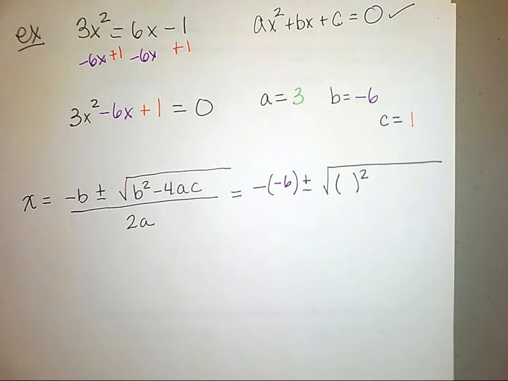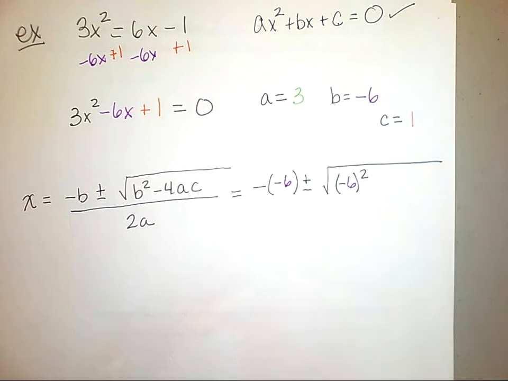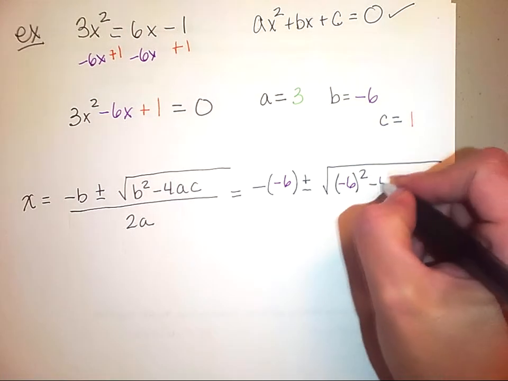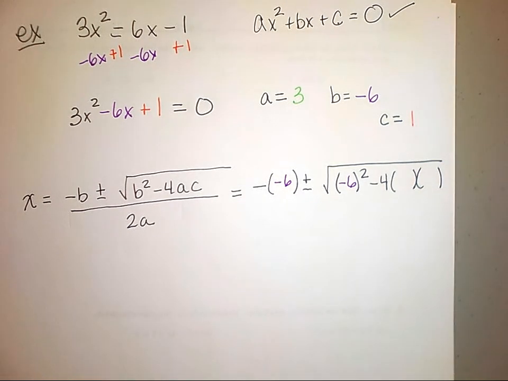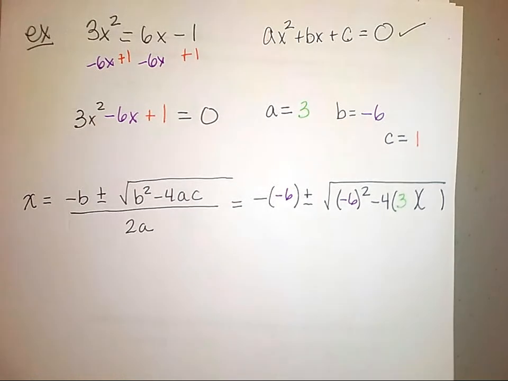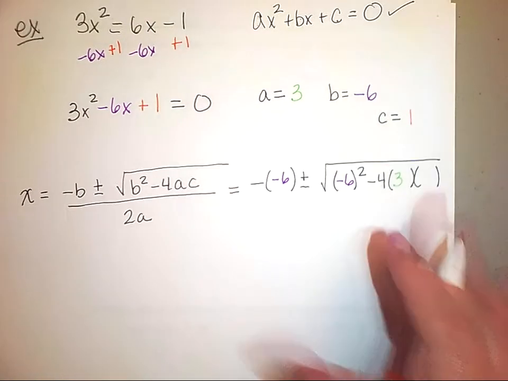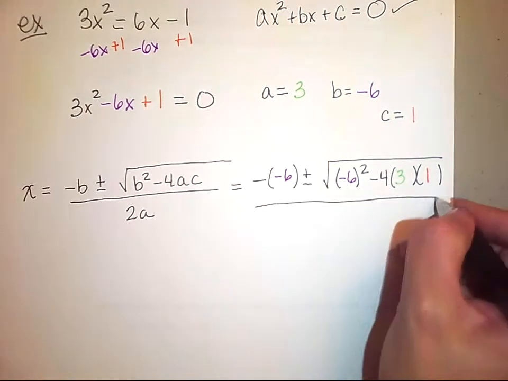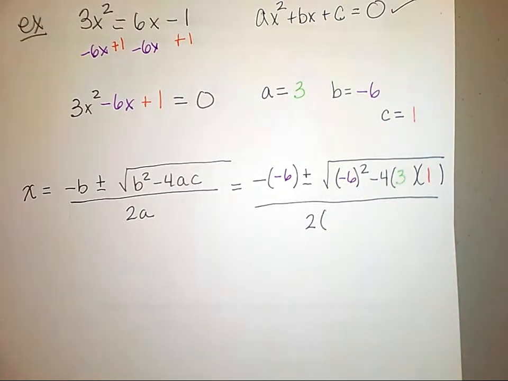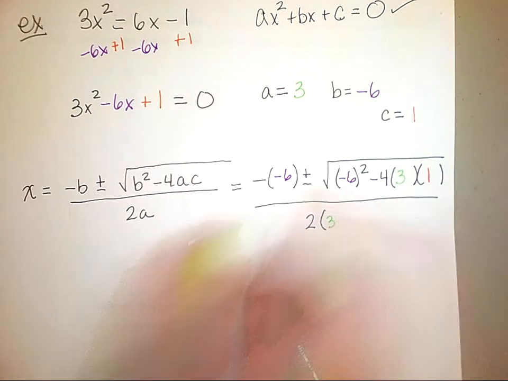Now b has to get squared, but b is negative 6, minus 4 times a. What is a? a is 3, times c, which is 1. And all of that will be divided by 2 times a, which is 3.